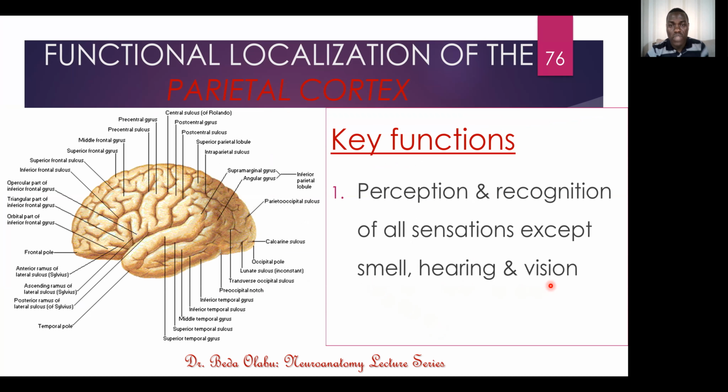You realize that we've actually talked about all sensations being either perceived within the parietal cortex or being recognized within the parietal cortex. The only sensations we've not talked about is the sensation of smell, sensation of hearing, and sensation of vision, sight.